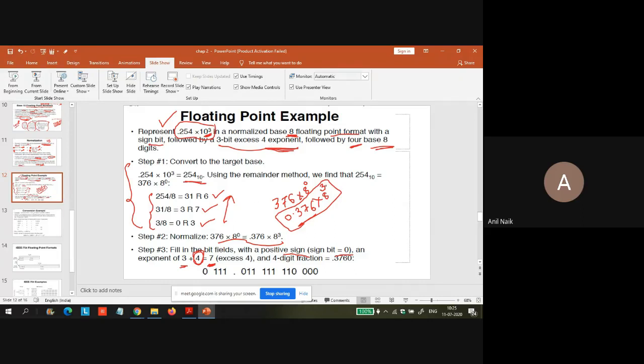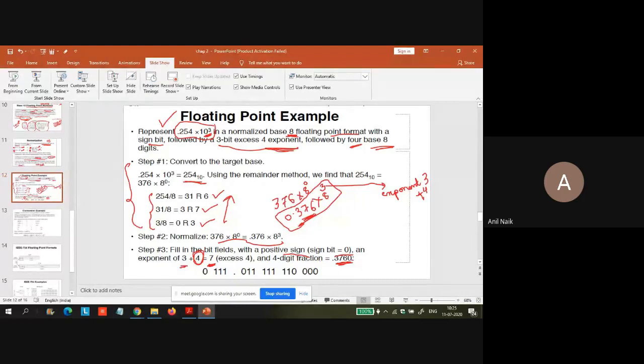What is the exponent value here? The exponent value is 3, so we add 4 to that. What is the result? We get 7. That is followed by four base 8 digits. How many digits are there?